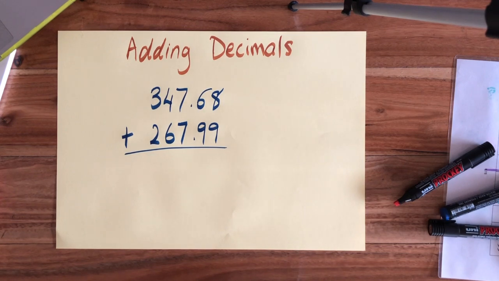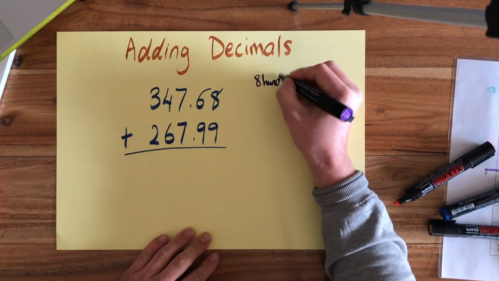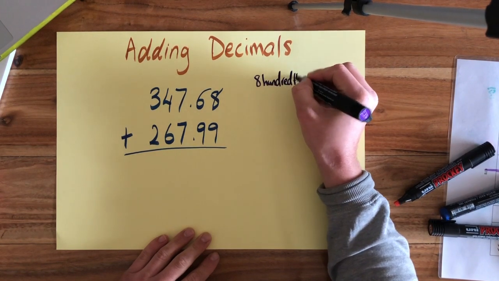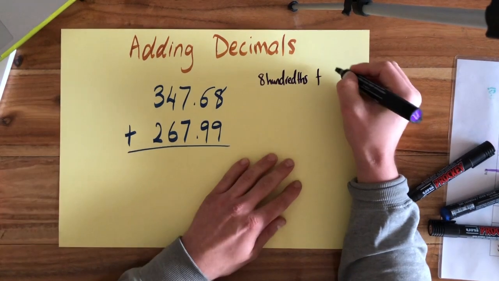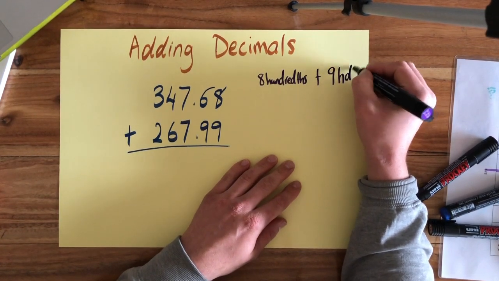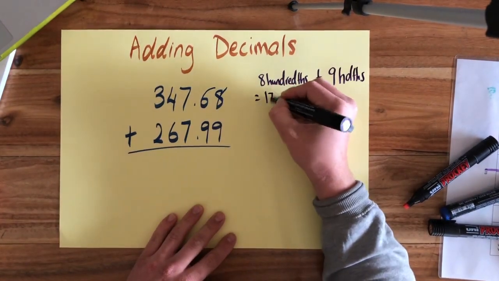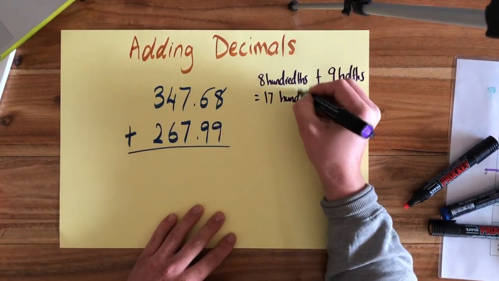So first thing, 8 hundredths plus 9 hundredths. Now I'm going to write shorthand: equals 17 hundredths.